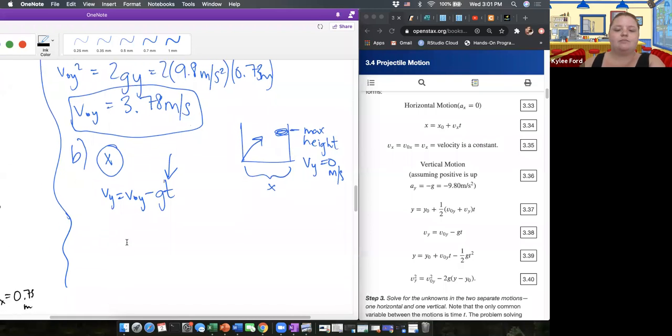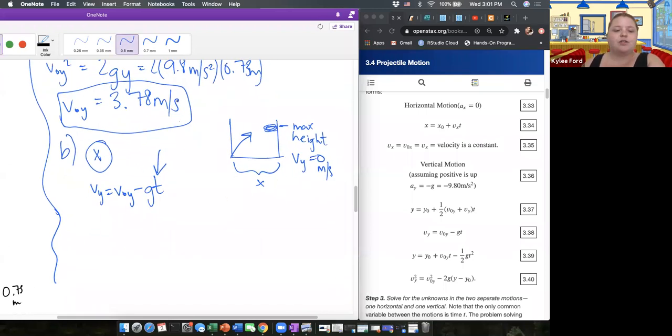All right, let's plug in our numbers. V naught Y we just solved for. Vy at our maximum height, the velocity in our Y direction, is 0. So 0 equals 3.78 minus 9.8 times t.